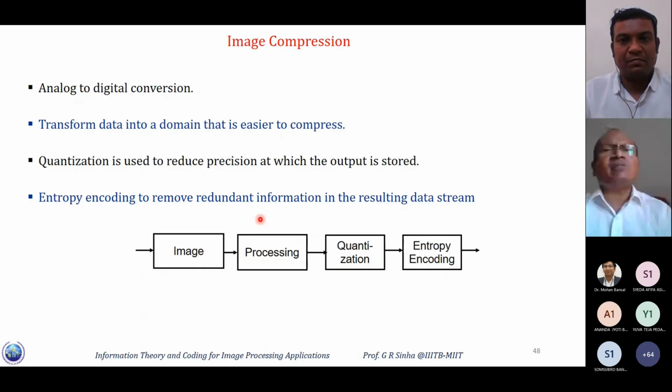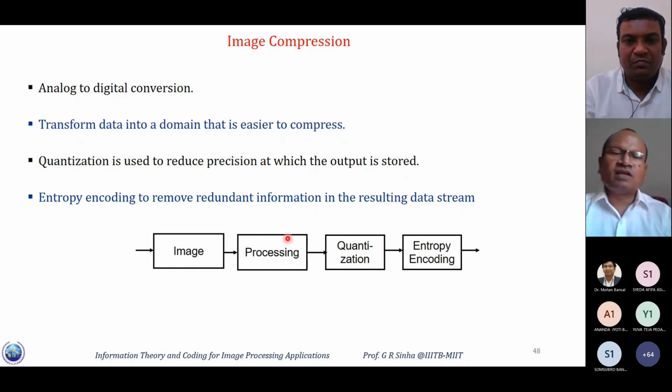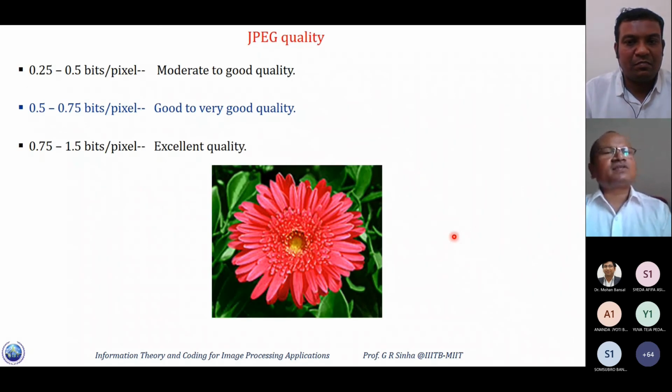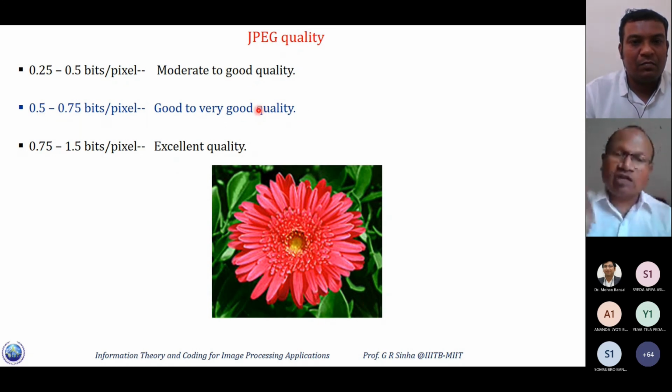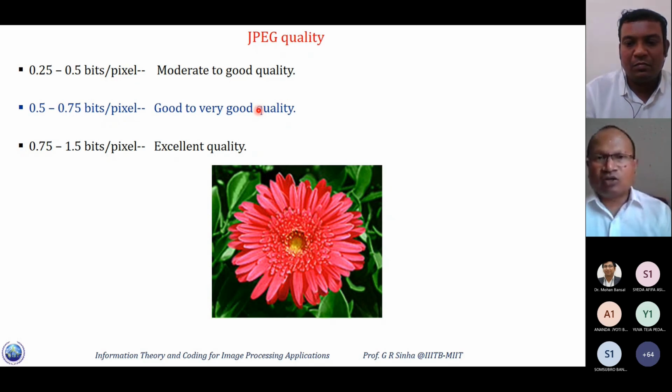So in general, in image compression, you have images, you apply certain pre-processing, then you quantize and you use entropy encoding. This is something about the JPG quality: if fewer bits are there, the quality is lower; if the number of bits is higher, the quality is even better. Why am I talking about this example?